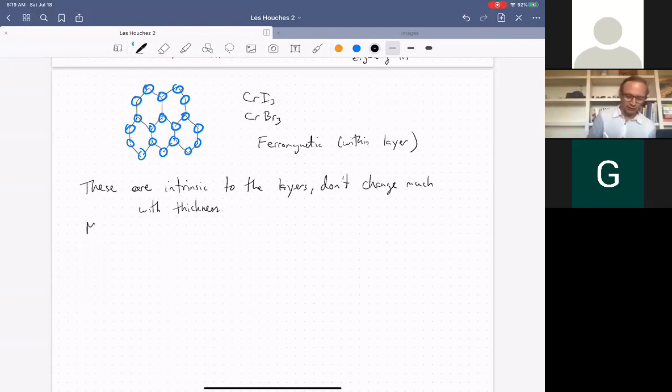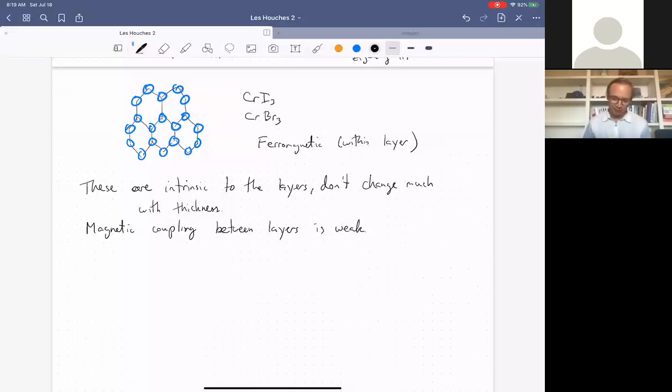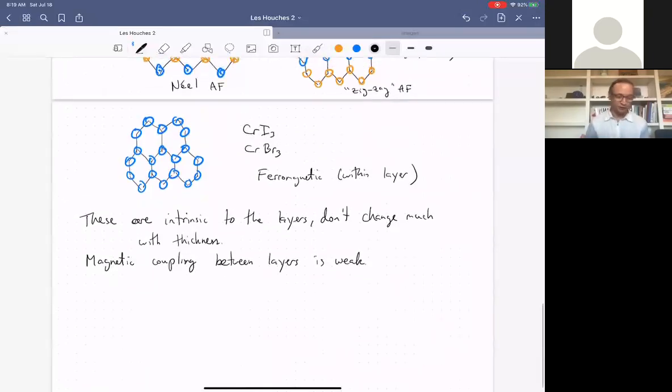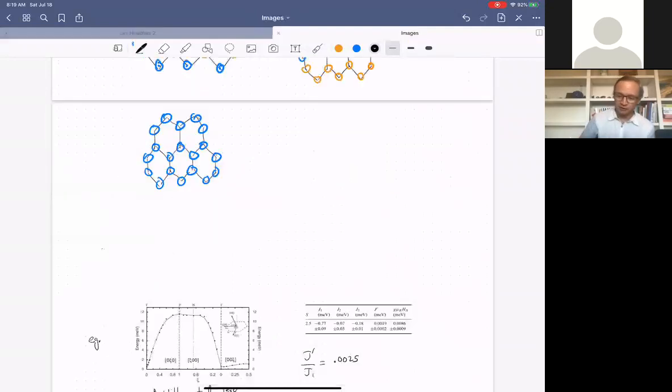Generally, also, in all these examples, the magnetic coupling between layers is weak. That's not too surprising, as van der Waals crystals generally are relatively weakly coupled electronically and structurally from layer to layer. But direct evidence we can find, for example, from various studies of bulk materials.